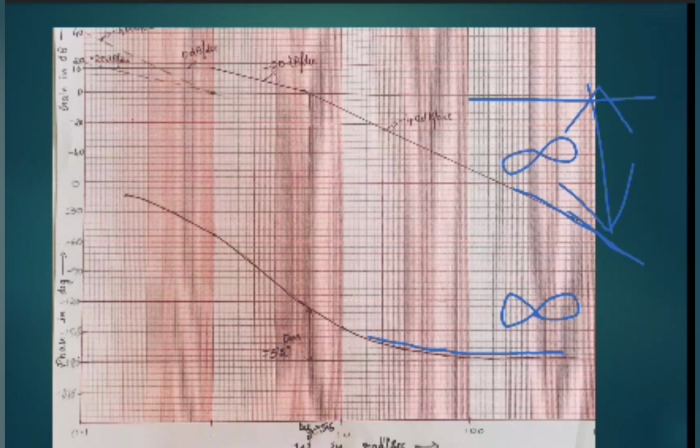Now here we can observe that the phase margin is above minus 180 degree, which is nothing but positive. And similarly, the gain margin value is below the 0 decibel line, so it is plus infinity. That is why, when both are positive, the system is going to be stable.